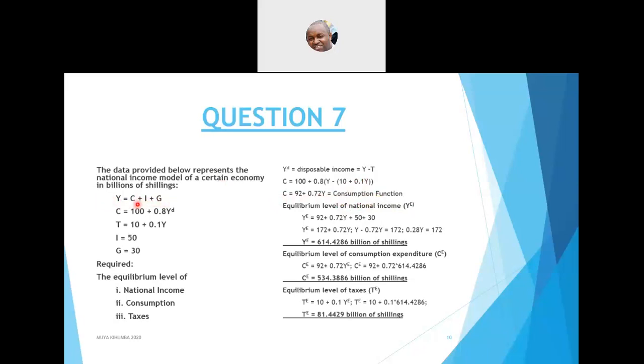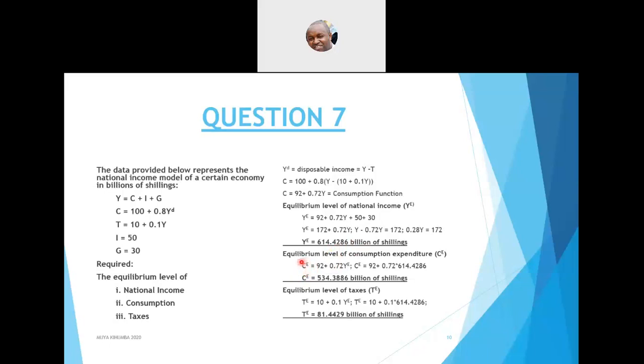We know that our C is 92 plus 0.72 Y, plus our investment expenditure 50, plus government spending 30. And when we sum up all those, Y will be 614.4286 billions. Equilibrium level of expenditure, we simply write it as we've put here.